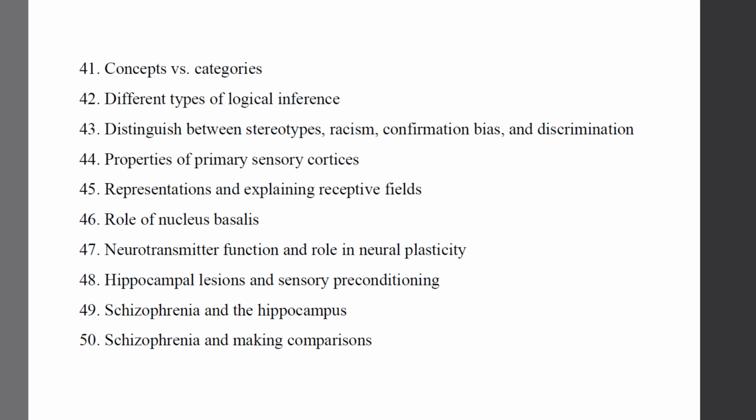Let's see, 44, properties of primary sensory cortices. Well, this one is more or less asking about which one is not characteristic of these types of cortices.